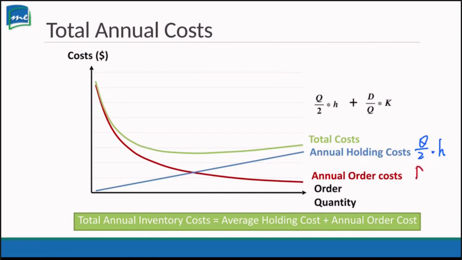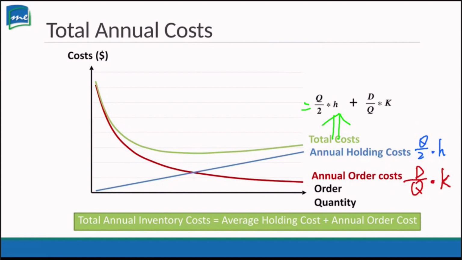So if we know the annual demand and the quantity per order, we times the big K. This is the total annual ordering cost. And the green line here represents the total cost. The total cost equals the total holding cost plus the total ordering cost.